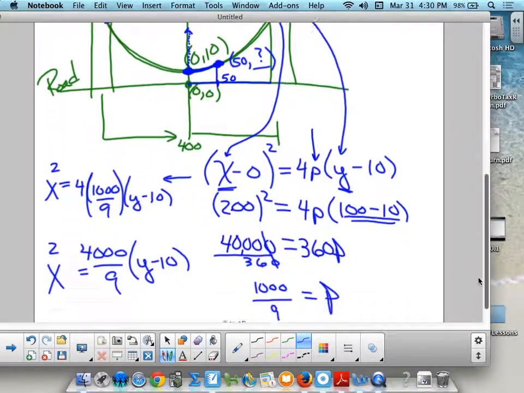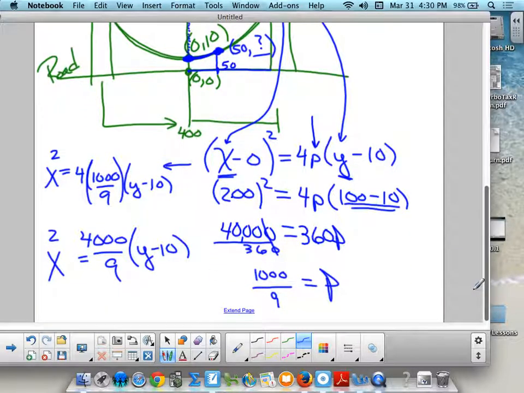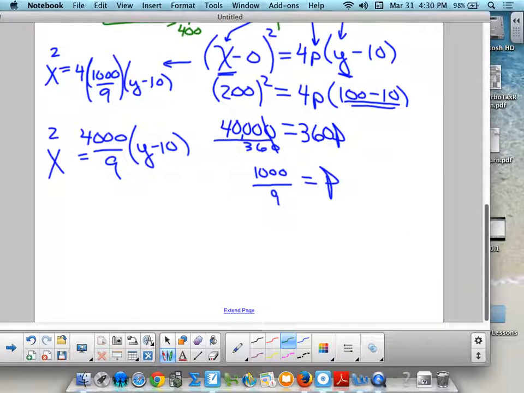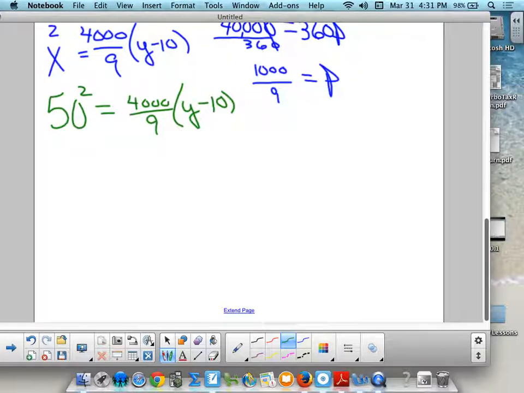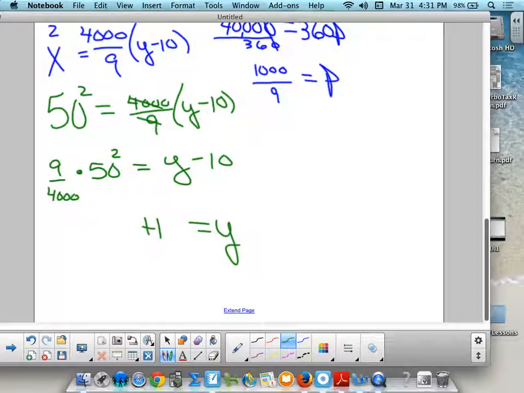So let's go plug 50 into the equation for x. When you do that, you get 50 squared. Solve for y. Remember, you multiply 50 squared by the reciprocal, 9 over 4,000, to knock out this. You would now add 10 to get your y value.